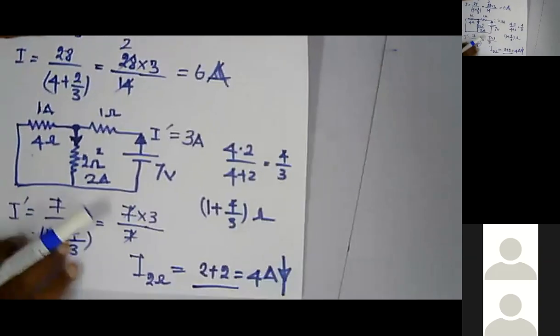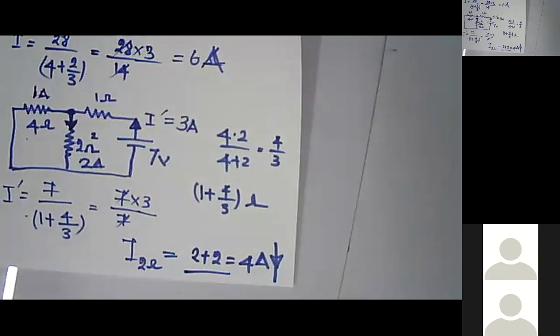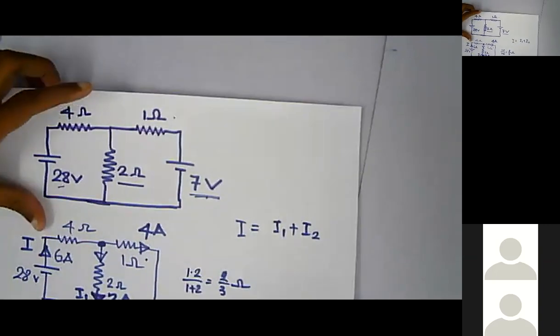You have to consider whether the current is flowing from top to bottom or bottom to top. If they are in the same direction, just add them together. If they are in opposite directions, take the difference, with the direction being that of the larger current. So this is how you solve the superposition theorem, right? Any doubts?